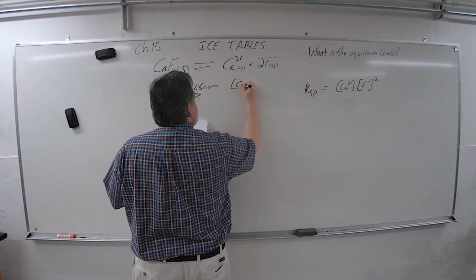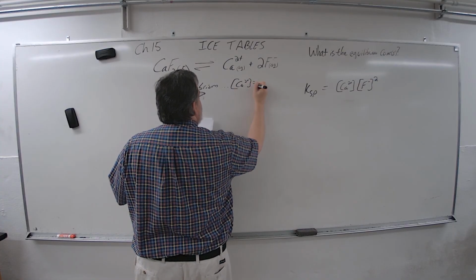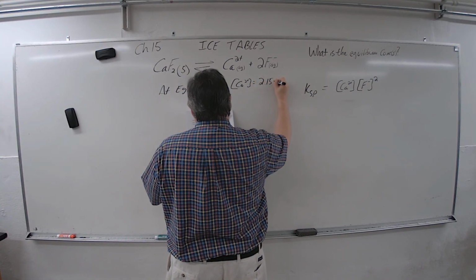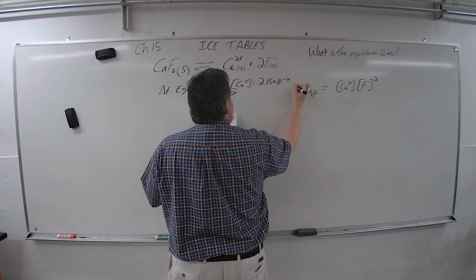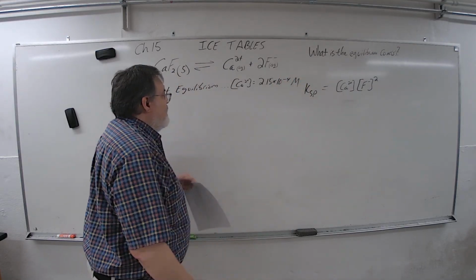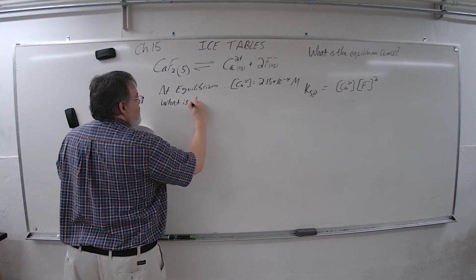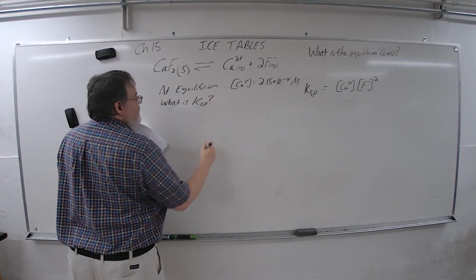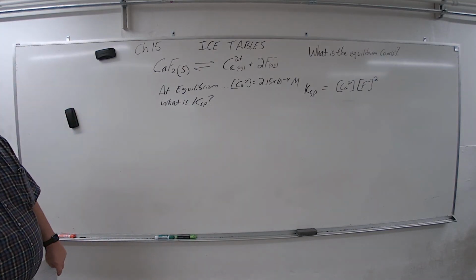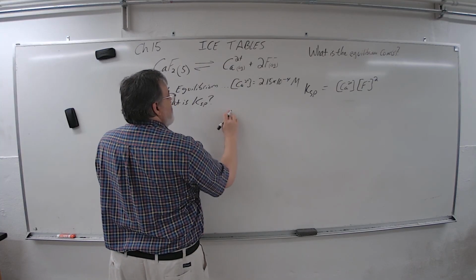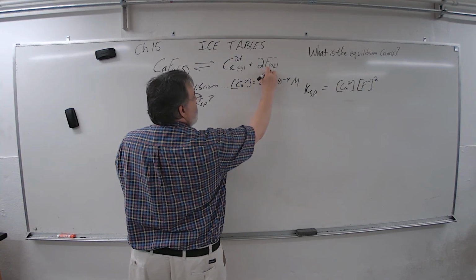Concentration of calcium 2 plus equals, and that's again multiple. So you're told that, and you're asked, okay, if you did think about it as an ice table, you would say for every one of these, there's 2 of those.